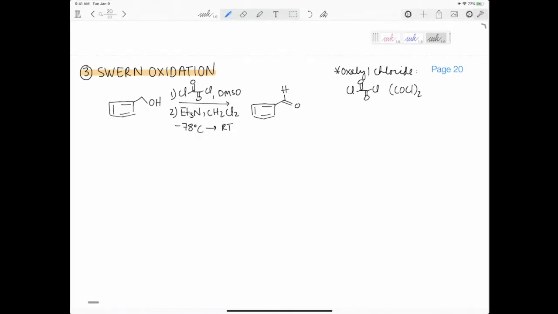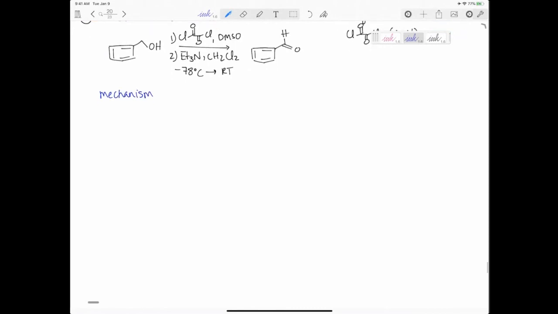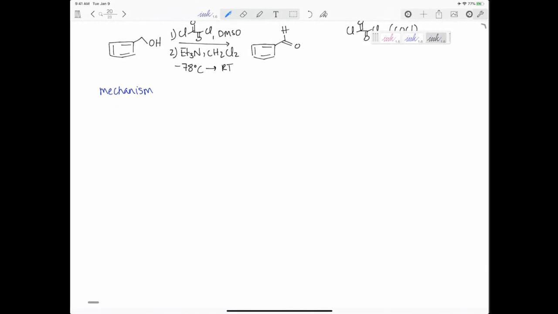Dimethyl sulfoxide is DMSO. Triethylamine, you guys should know what that is, and you don't need to know what CH2Cl2 does because that's just a solvent here. Okay. Again, our magic M word comes out. But well done. This is the last mechanism for tonight.